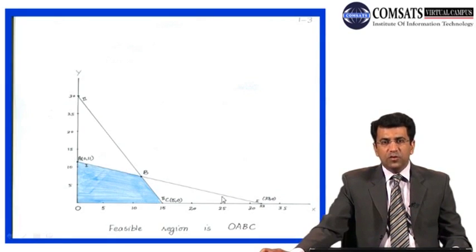the point B, that is the point of intersection of line 1 and line 2, and we don't know the coordinates of B yet. And the next point is C, where the coordinates are 15 and 0. So we already know the x and y values for this point O, that is 0, 0, this point A, that is 0, 11, this point C, that is 15, 0, but we don't know the coordinates of this point B. And how can we calculate the value of B?